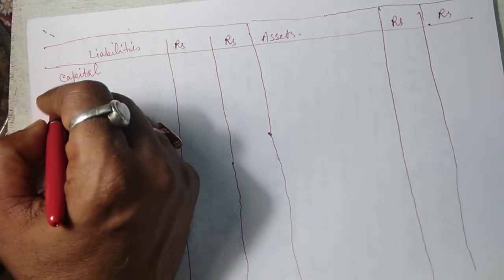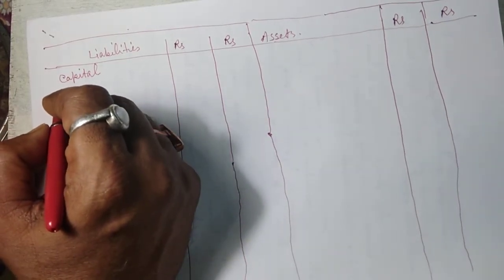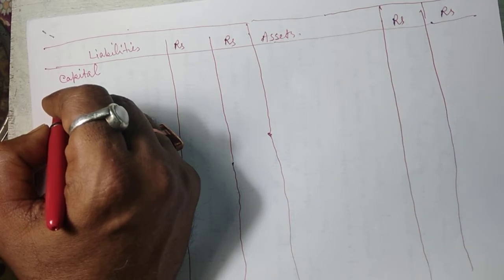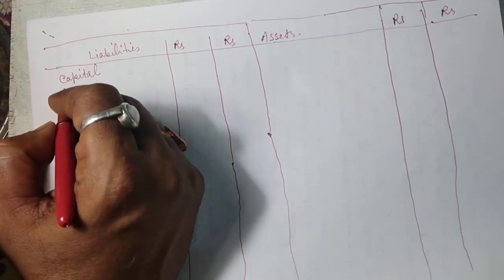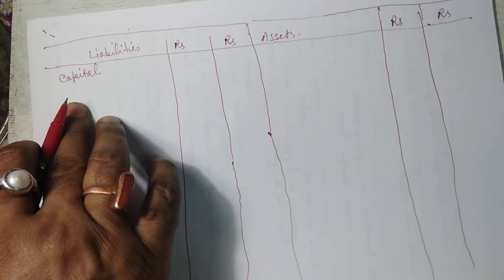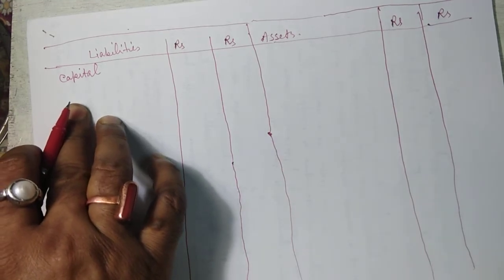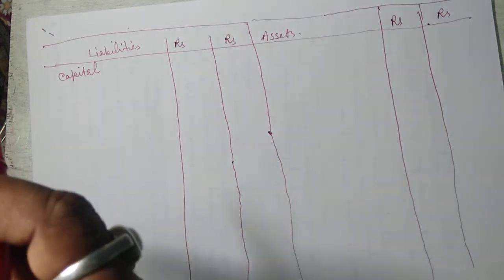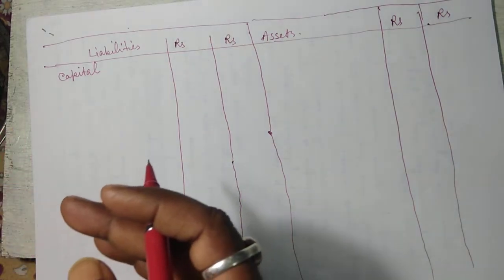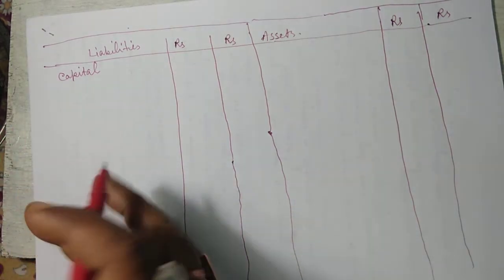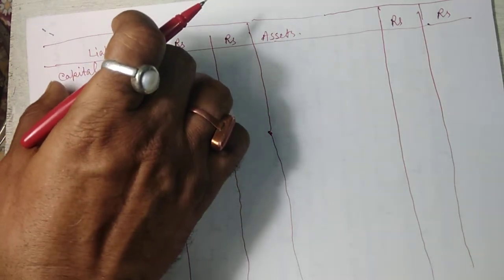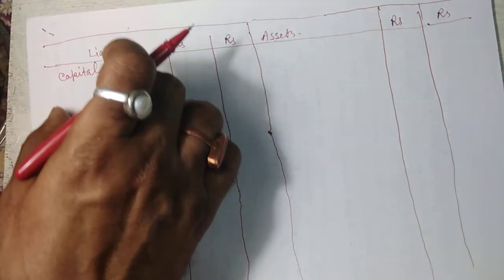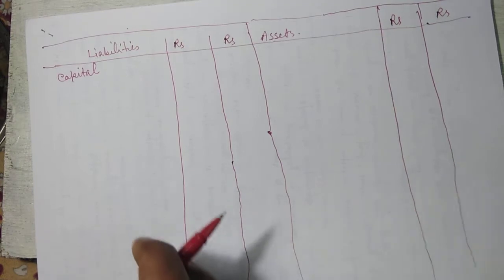Next, if there is any general reserve or profit and loss account, then we write it here. Next, we write long-term loan, then current liability, etc. In this way, we have to consider all liabilities on this side.